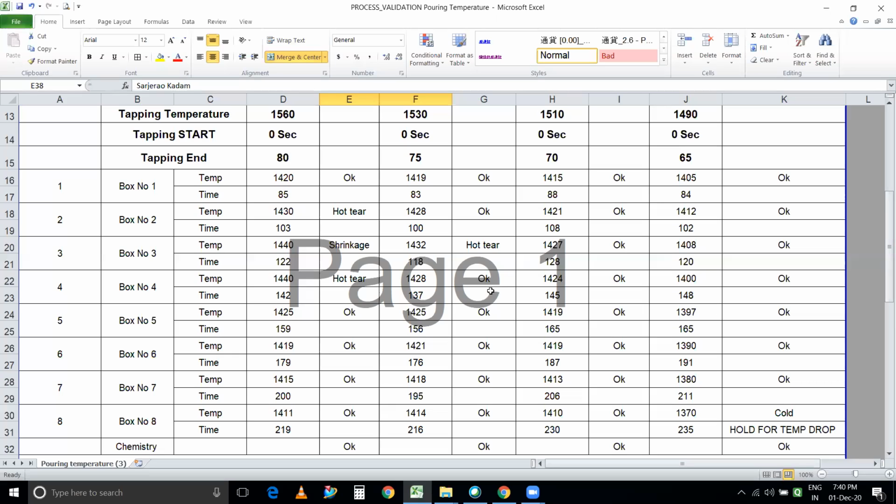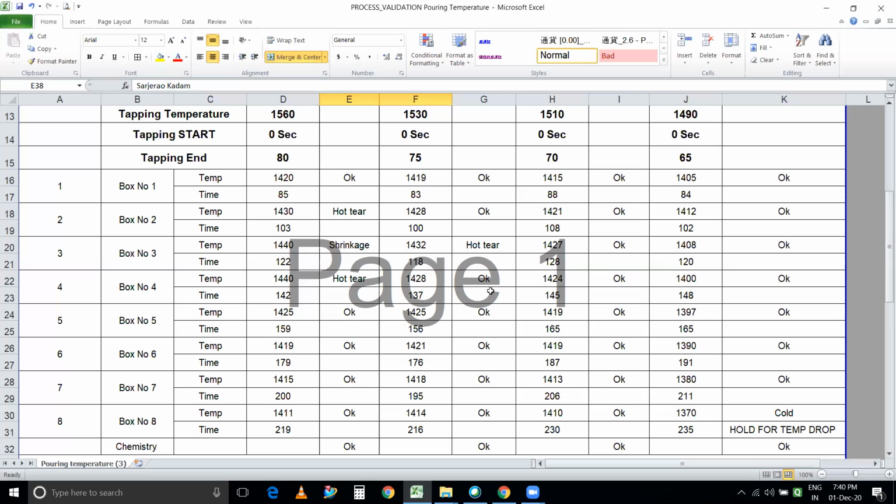For example, you're talking here of 1420 and 1385. We decided to optimize the temperature, whether we can reduce from 1420 to 1390, so that we can reduce some power or melting costs. Likewise, you can think of optimization. It is a part of validation. It can be clubbed with validation.